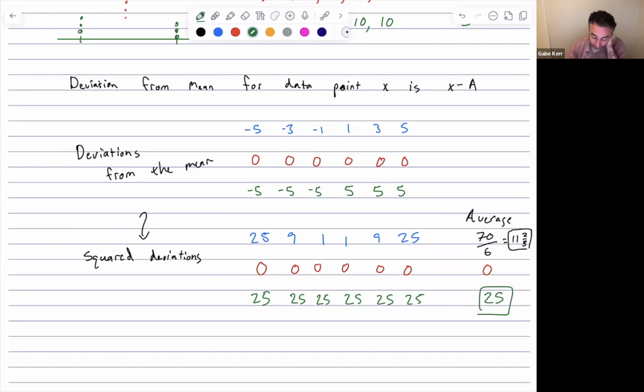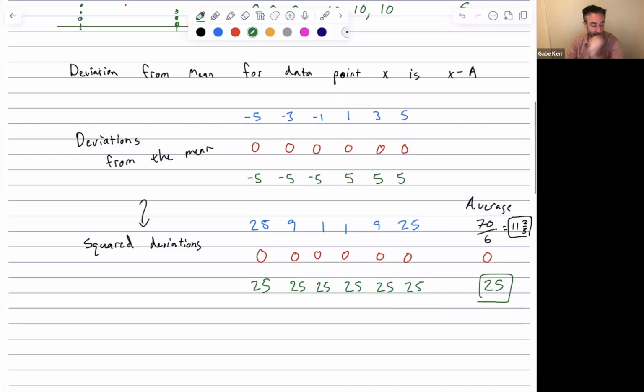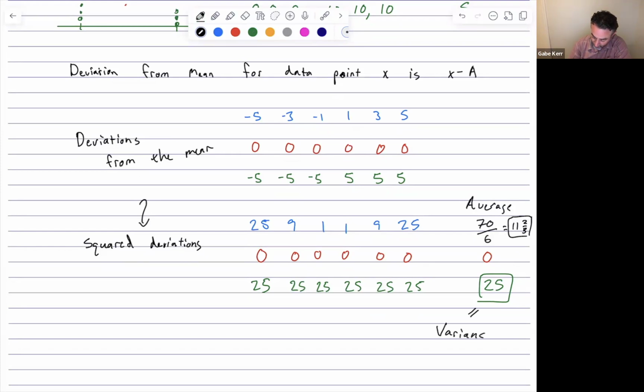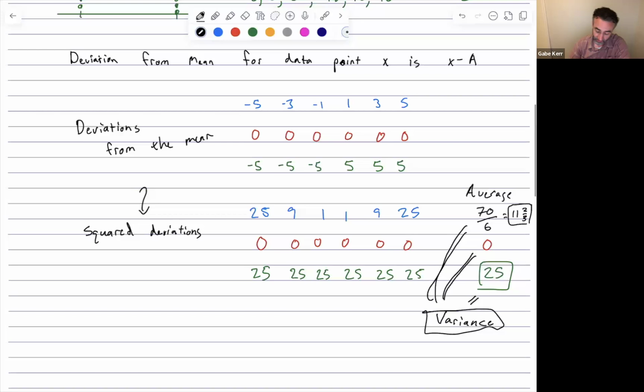Very good. So this average of the squared deviations has a name, and this is what's called the variance in all cases. So the variance of the data is given by the average of the squared deviations from the mean. So let's define that.